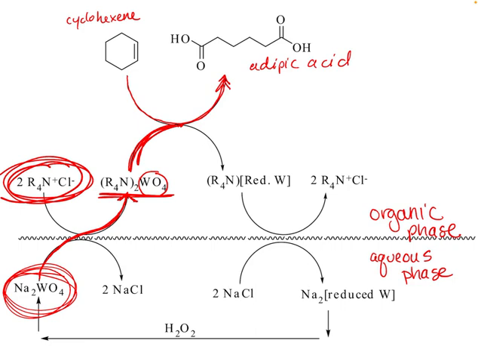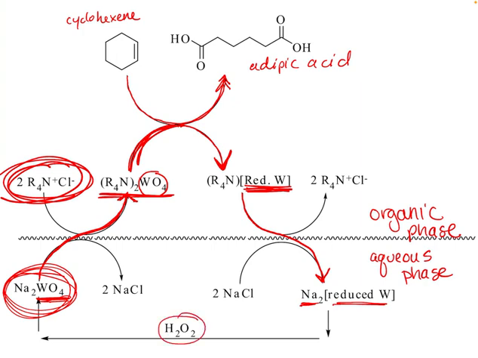All right, in that process, there are some other things that happen. The tungstate is eventually reduced, so it loses its oxygens. That's what the red W here means: reduced tungstate. Eventually, the reduced tungstate will interact with sodium chloride and go back down into the aqueous phase. So now instead of WO4 bonded to sodium, we have an ionic bond between sodium and our reduced tungstate.